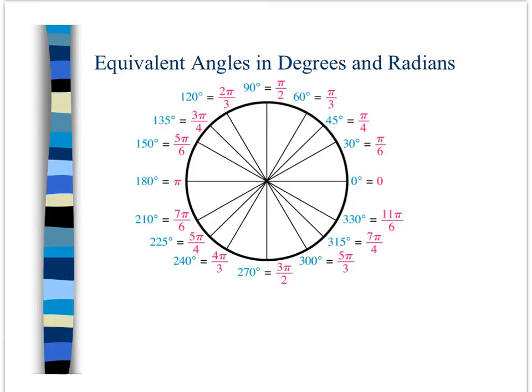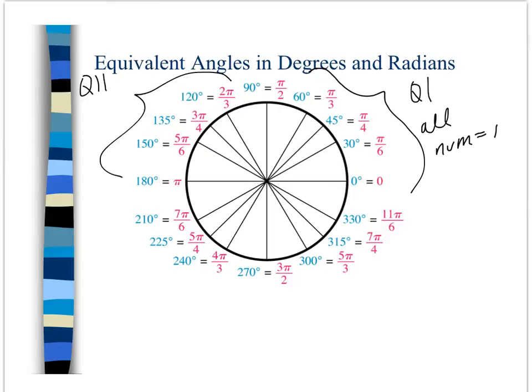Alright. After we mastered everything in degrees, we switched into radians. Remember the rules for how to remember the different numerators. In quadrant 1, all of your numerators are equal to 1. In quadrant 2, all of your numerators are 1 less than your denominator.